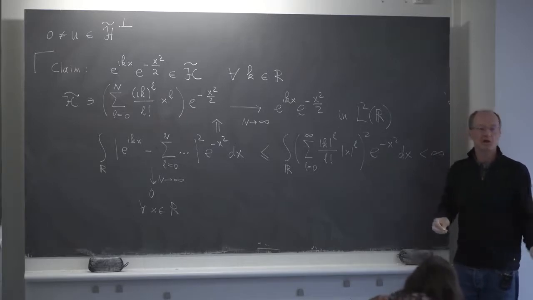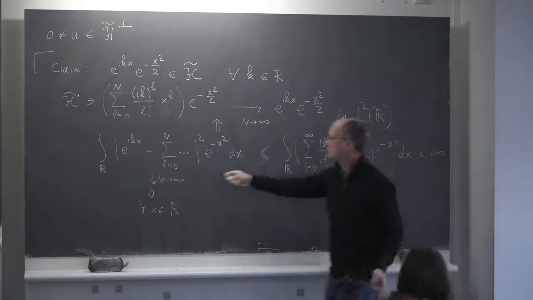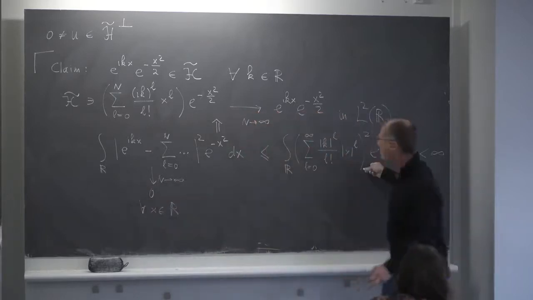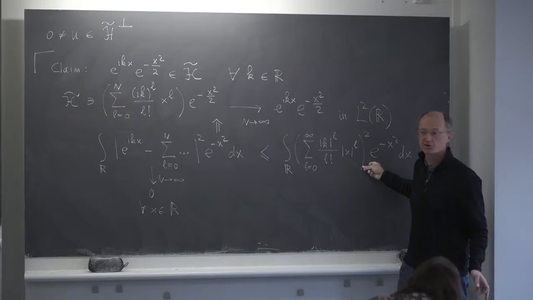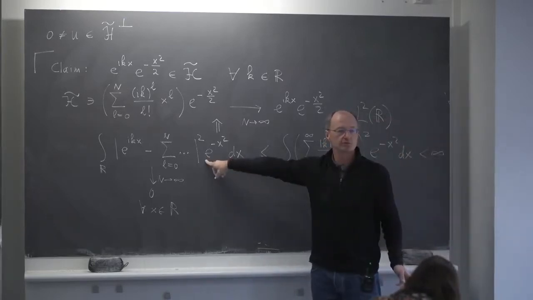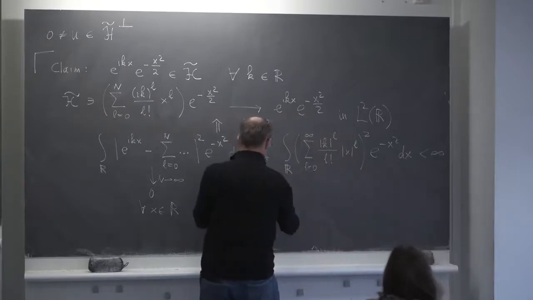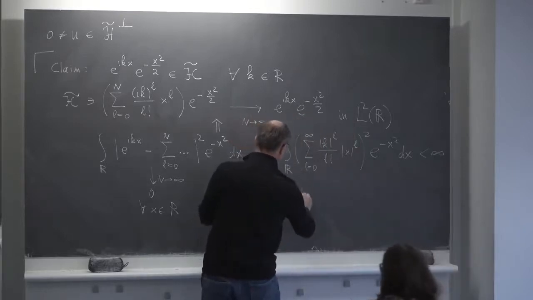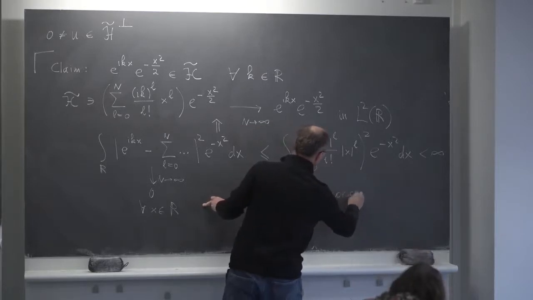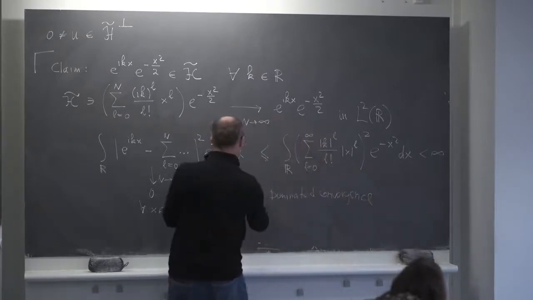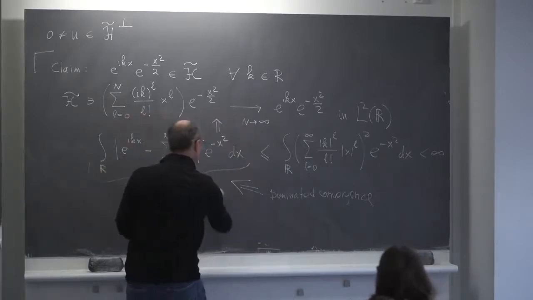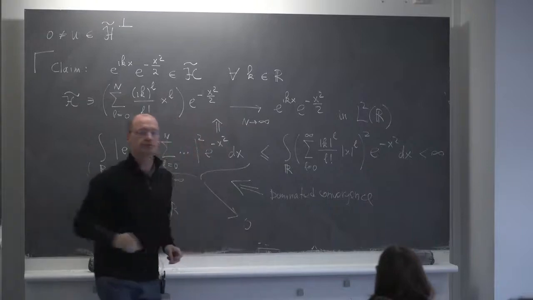So this integral is convergent. Now, by the dominated convergence theorem, these things converge pointwise, and they are all bounded by something which converges. So this means that those integrals converge to 0. So dominated convergence implies that the integral converges to 0.